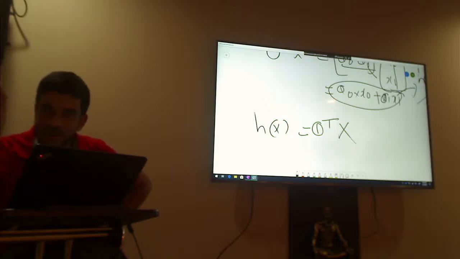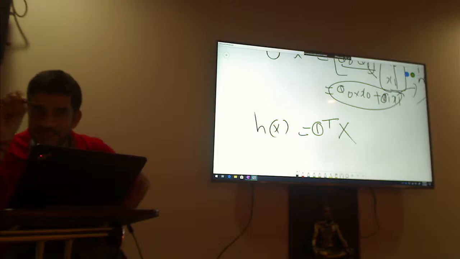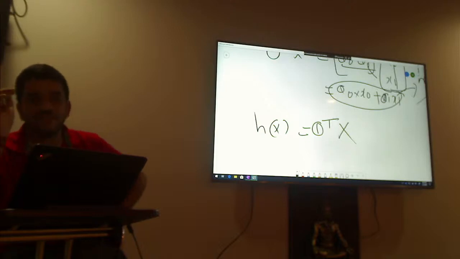No, a parameter is not a feature. A feature is the set of input variables, whereas theta is the set of parameters. If there are n features, what would be the dimension of the feature vector? The first one is known as the feature vector, and the second one is known as the parameter vector.